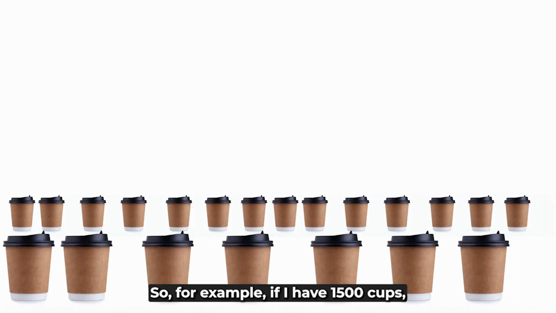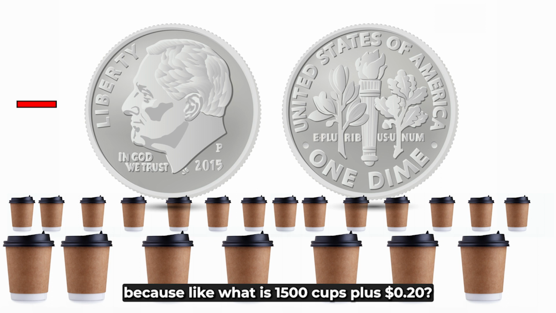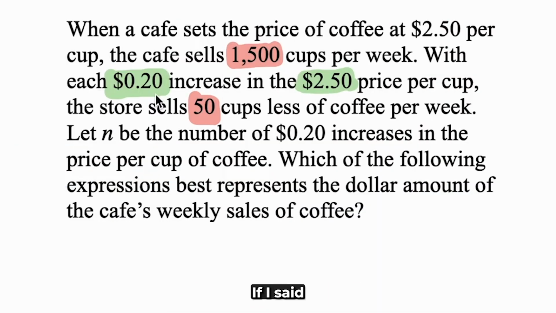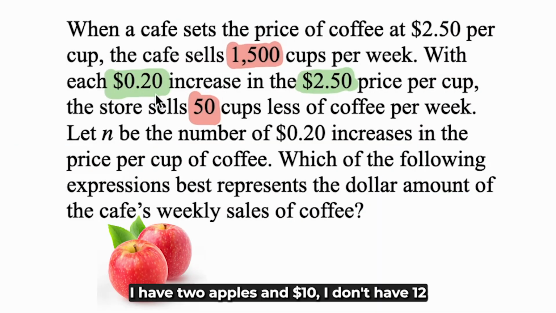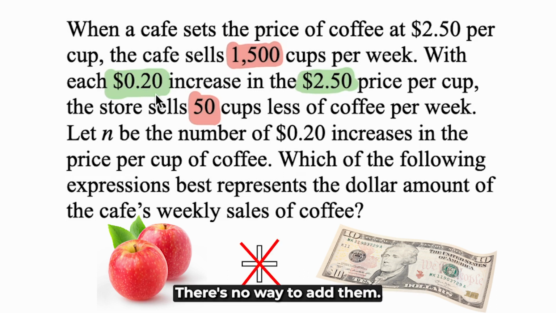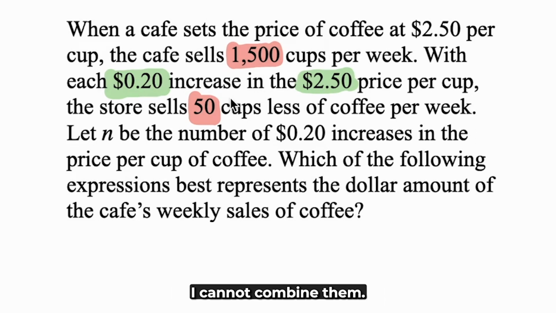For example, if I have 1,500 cups, I would not want to add or subtract 20 cents from that, because what is 1,500 cups plus 20 cents? It's a meaningless statement because the units don't match. If I said I have 2 apples and $10, I don't have 12 apple dollars. There's no way to add them. They're not like units. If I have like units, I can combine them, and if I don't, I cannot.